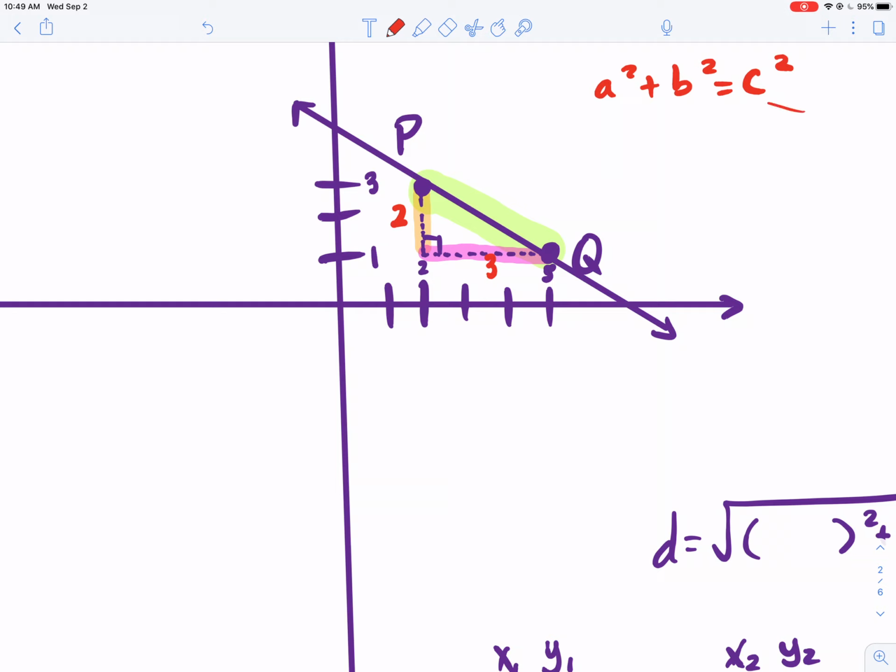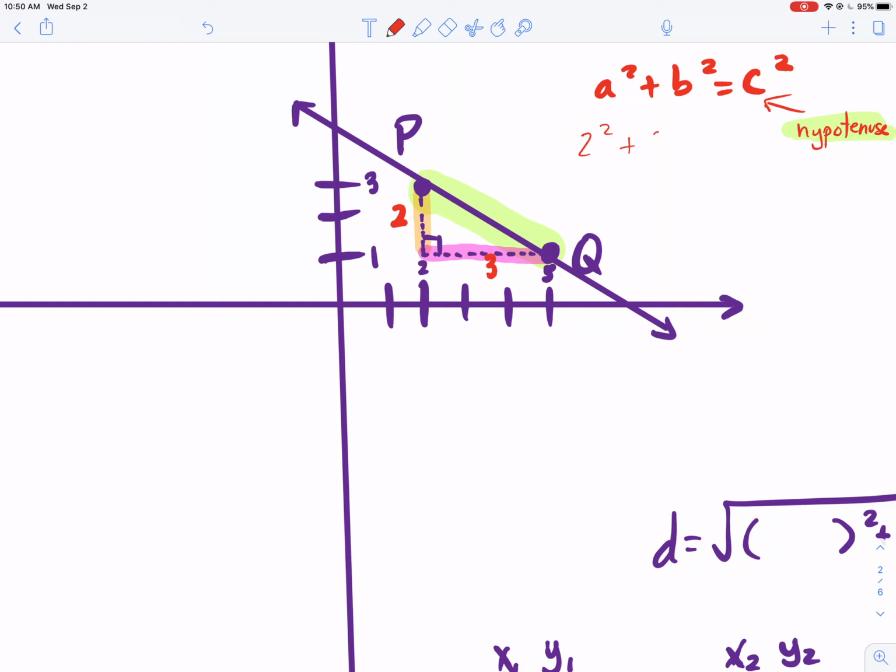Okay, and if you remember, c squared is always the hypotenuse. So in this case, our hypotenuse is what I colored green. It's always across from the 90-degree angle.